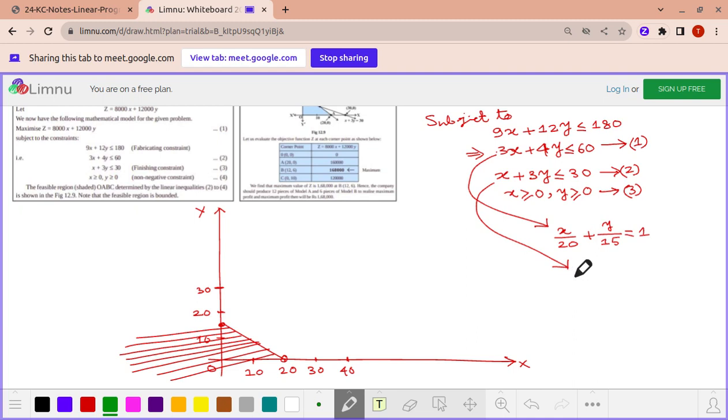That implies x by 30 plus y by 10 is equal to 1. So x by 30, 30 is here, and y by 10, 10 is here. So we will join these two, and it is less than or equal to this. So that means it comes in this way.